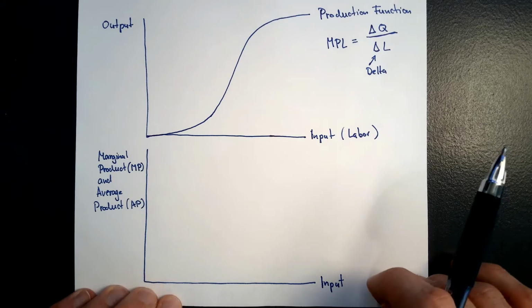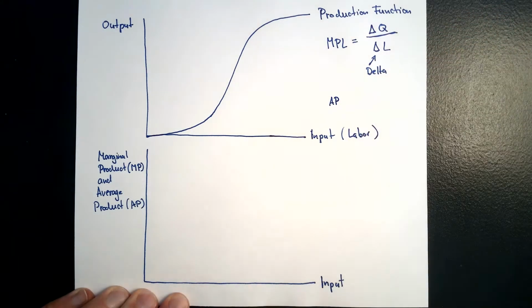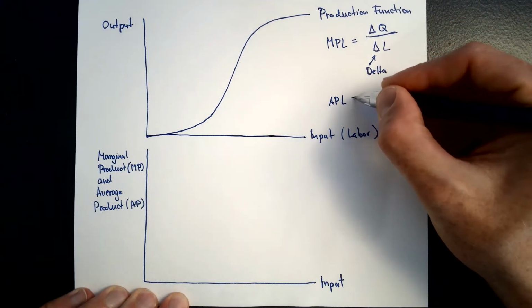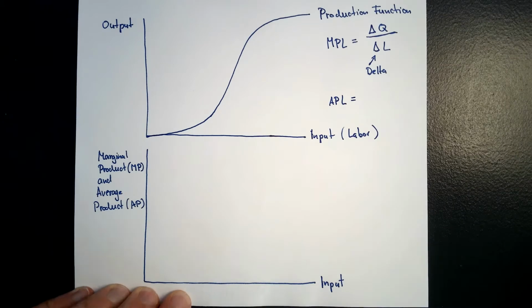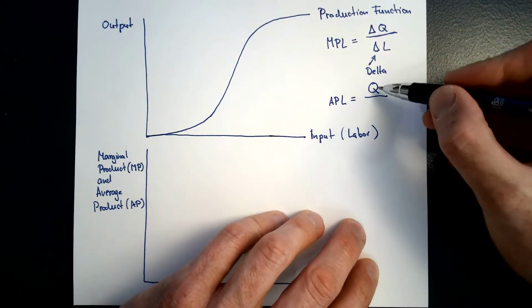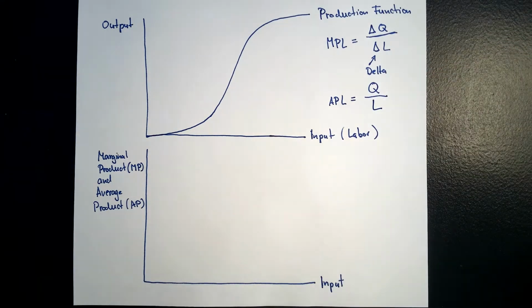Now, we also have a related concept, which is called the average product of labor. And the average product of labor is simply the total quantity of output divided by the total number of workers.